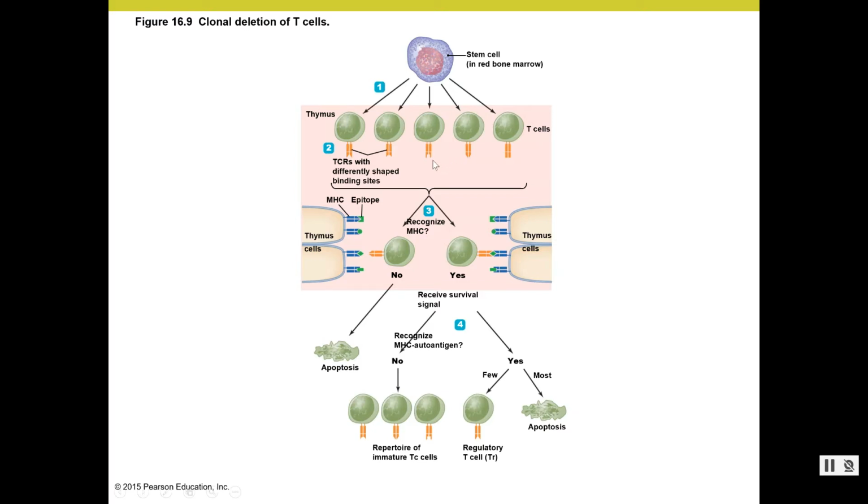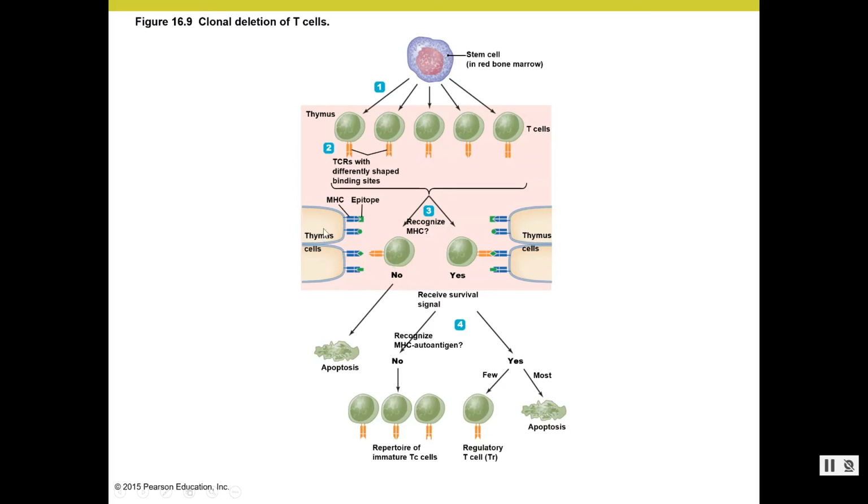So clonal deletion is all about weeding out the T cell receptors that either don't work or are going to respond against autoantigens, respond against self. The first question that happens in the thymus, with all these immature T cells coming in, is will it recognize that MHC protein?